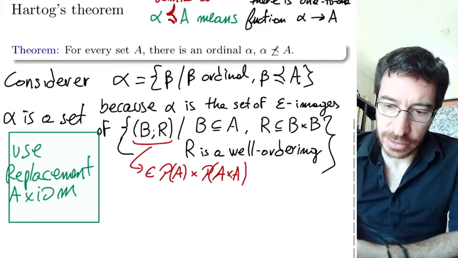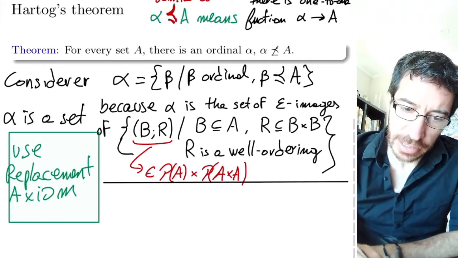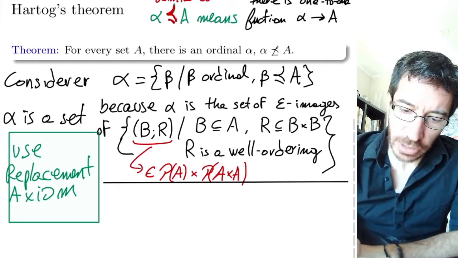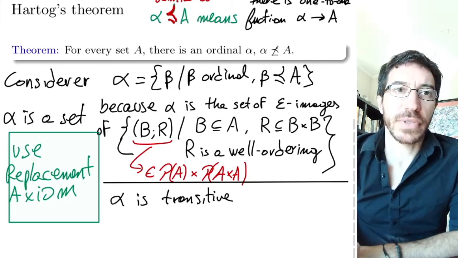Okay, so it's a set. That took a while, but it's important to know that it's a set. And then also, what else do we have? We know that alpha is transitive. It's a transitive set, right?